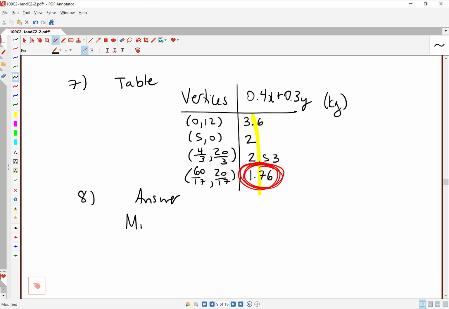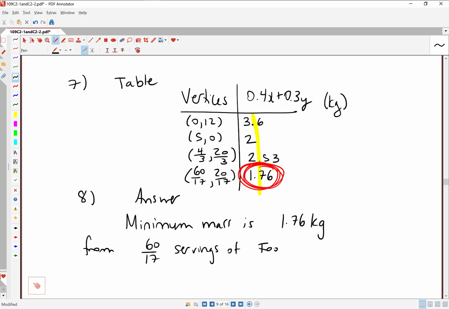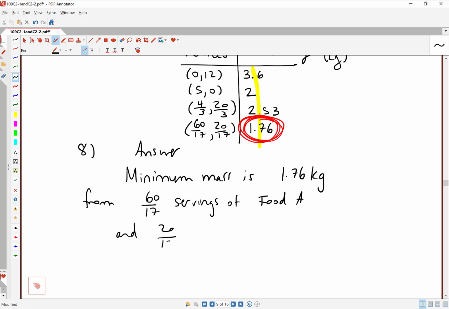So let's say the minimum mass is 1.76 kilograms. And then it's good to say where that's coming from. So that's coming from 60 over 17 servings of food A and 20 over 17 servings of food B.